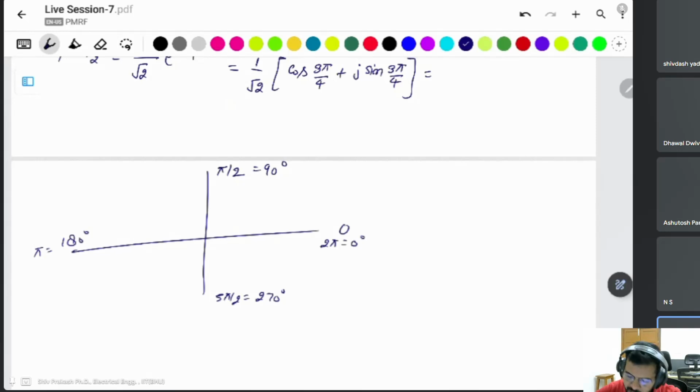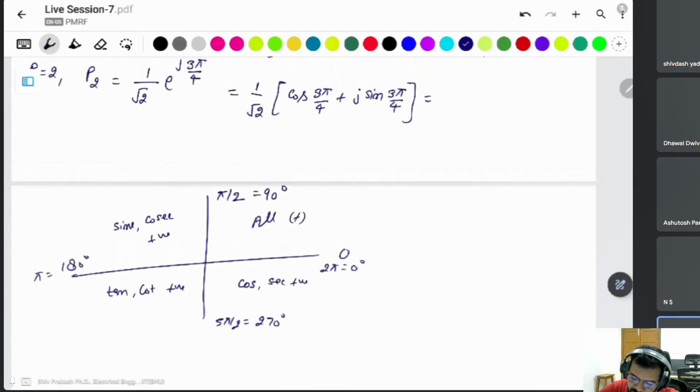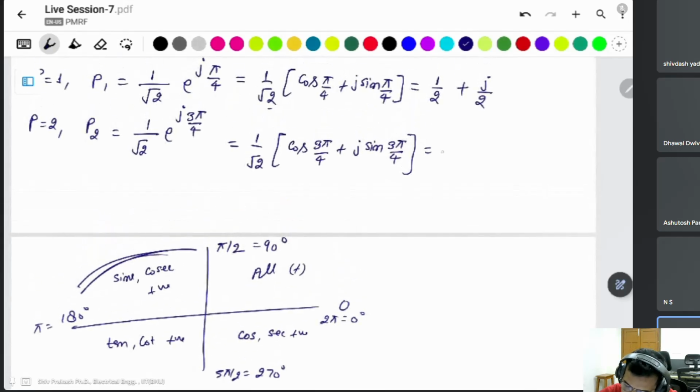In the first quadrant all are positive. In the second, sine and cosec are positive. In the third, tan and cot are positive. In the fourth, cos and sec are positive. 135 degrees lies in the second quadrant. It means sine is positive only, cos is negative. That's why this will be minus half plus, sine is positive, j by 2.